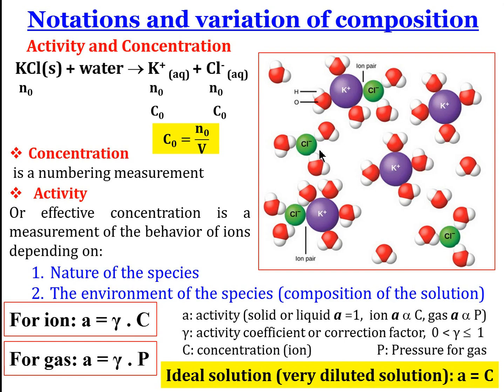In this case, there is no possibility of formation of ion pairs between Cl- and K+ due to the presence of these water molecules. For this reason, the concentration at the microscopic scale is real, and in this case, the activity is equal to the concentration, and the correction factor gamma is equal to 1.